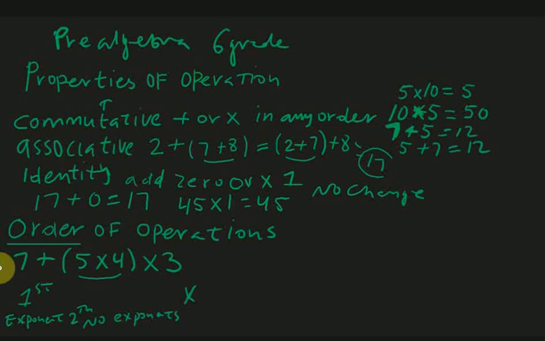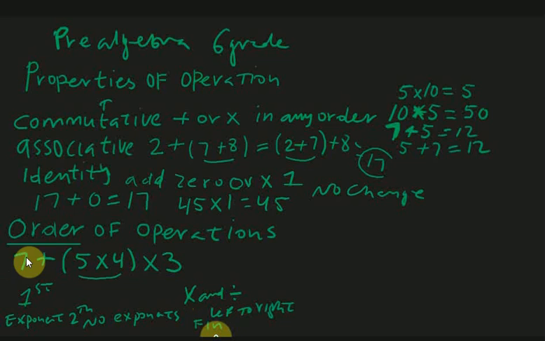So how are we going to solve this problem? 7 plus 5 times 4 times 3. We do inside first, parentheses, and then the exponent. If there is no exponent, then we do multiplication and division, whoever comes first from left to right. Then finally we add the 7.